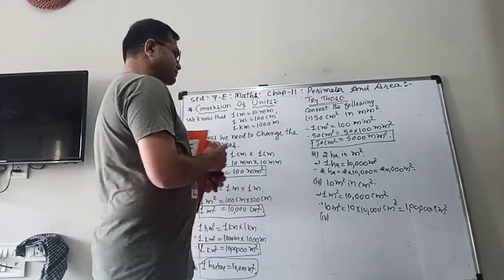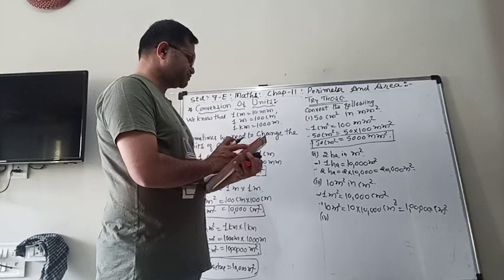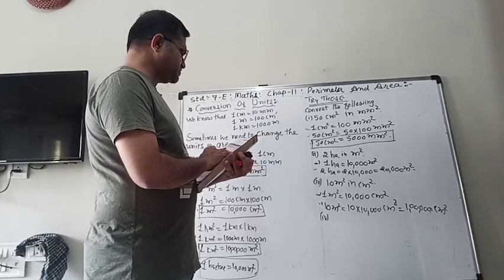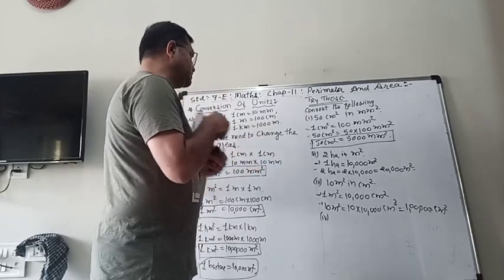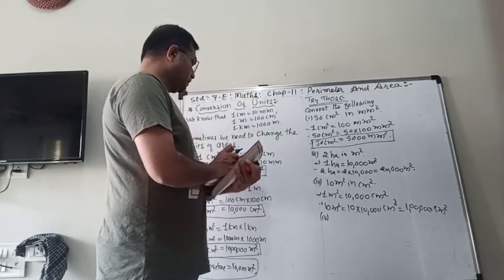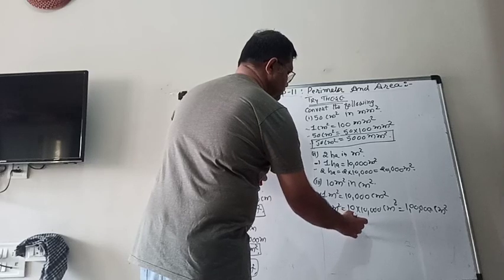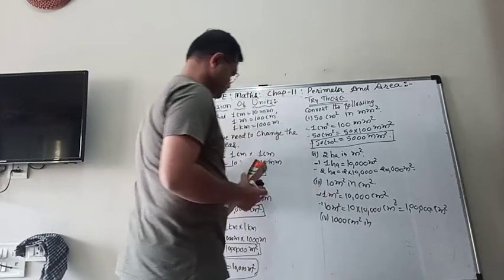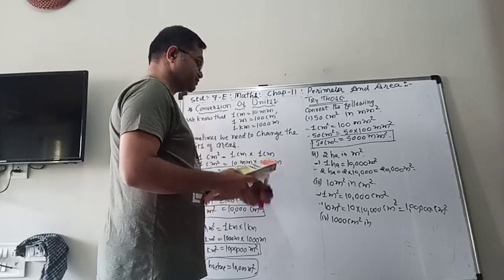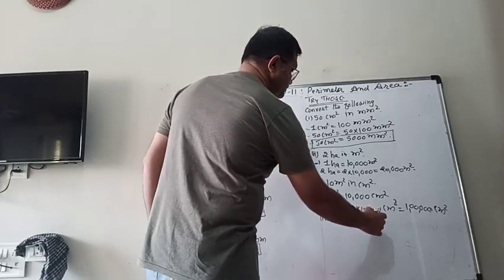Now the fourth one is a little difficult. Difficult in the sense that we have to go from smaller to bigger. That means 1000 centimeter square in meter square. So now we have to go in reverse.